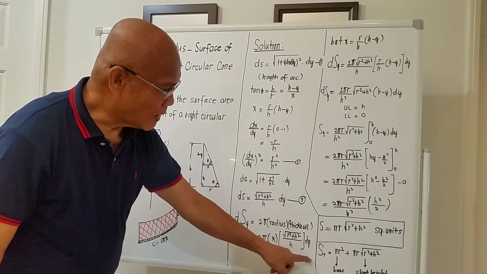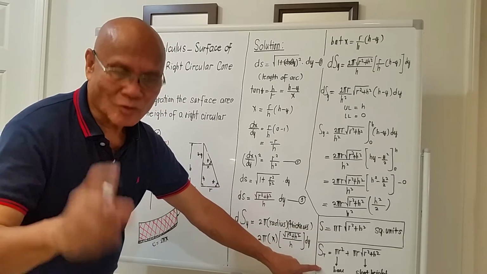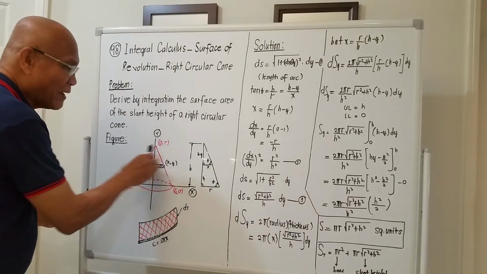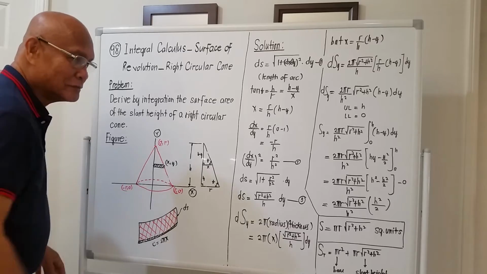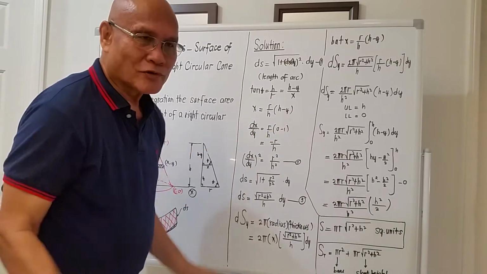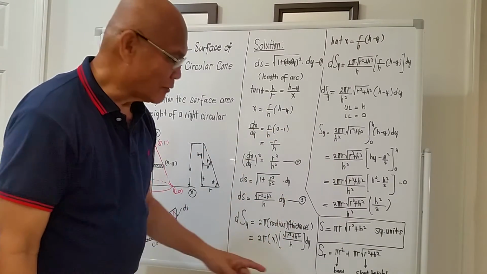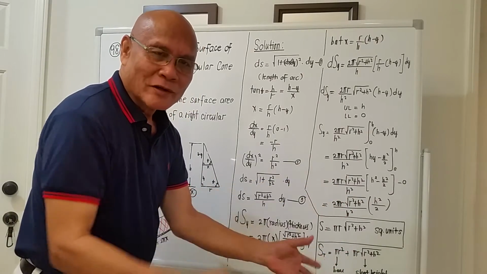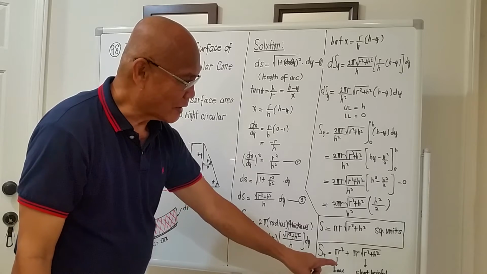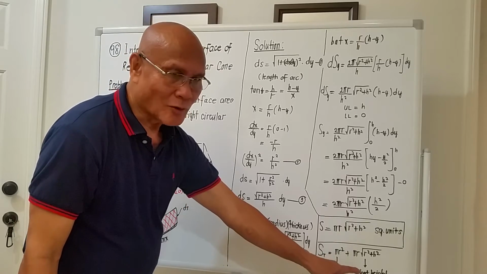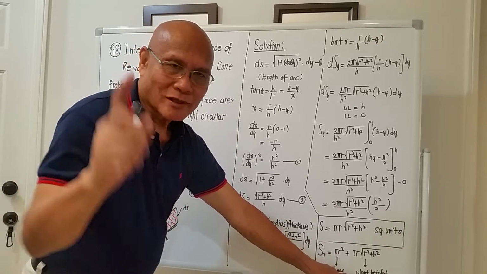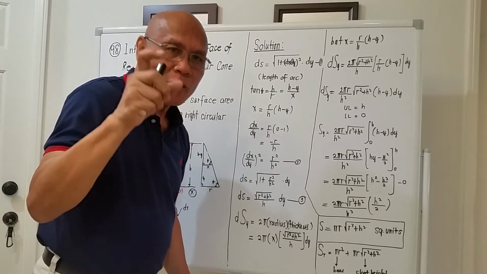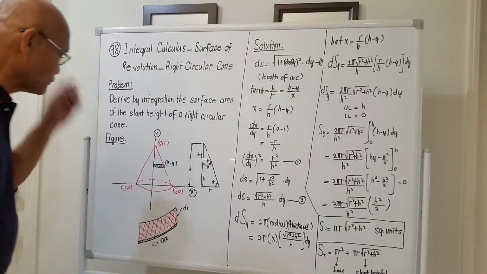And the second formula, it got a subscript T, meaning the total surface area. It should be the surface area of the slant height plus the area of the bottom portion. The area of the bottom portion, we do not need integration anymore. It will just be simply pi r squared. It is a circle, right? So the total surface area is actually the area of the bottom plus the area of the slant height. But for the meantime, we will derive the formula for taking the surface area of the slant height. Okay, let's proceed.